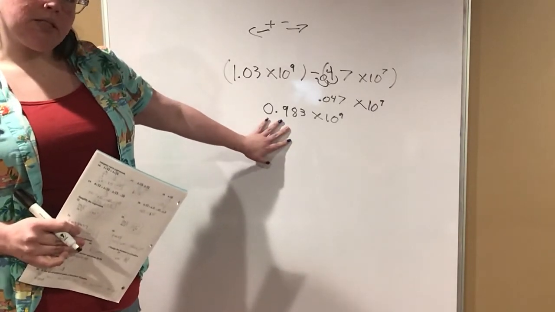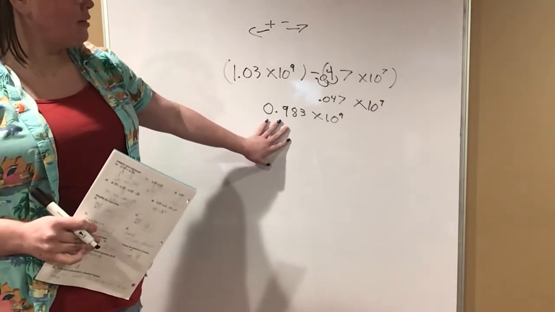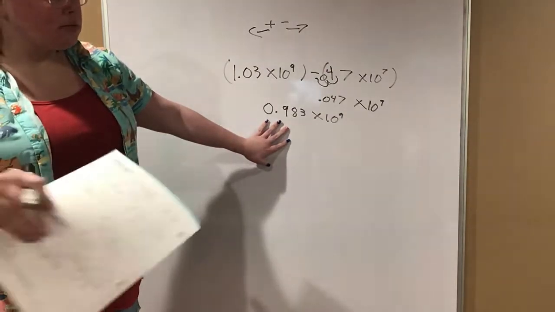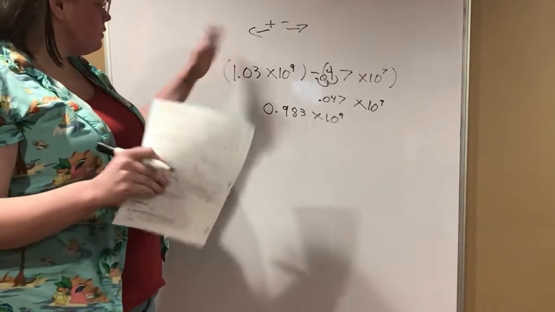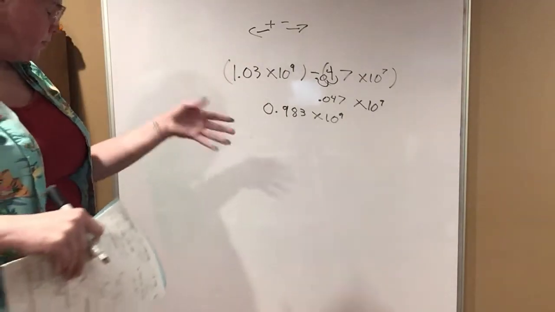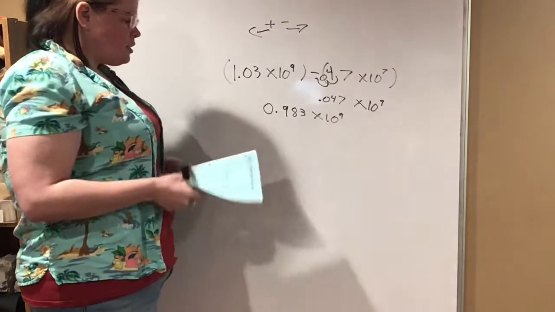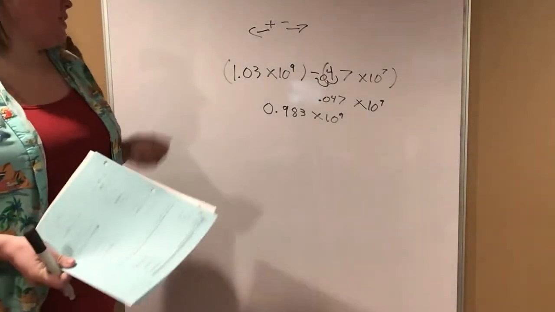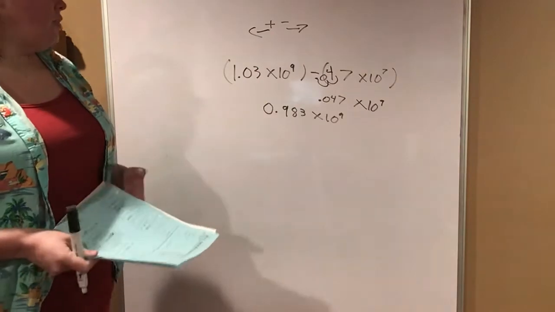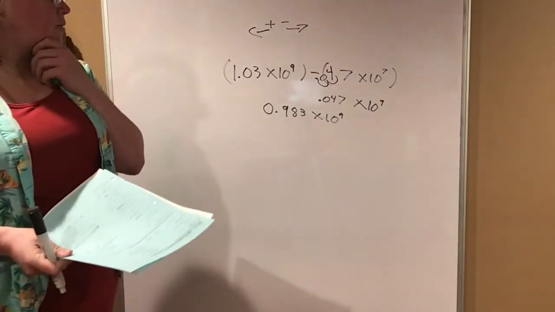It's got to be a number between that. Just follow along with me. It's fine. So this is not a number between that. Right? So we have to fix this. So how do we fix this so it's a number between 1 and 10?